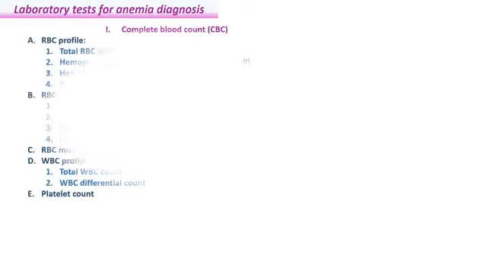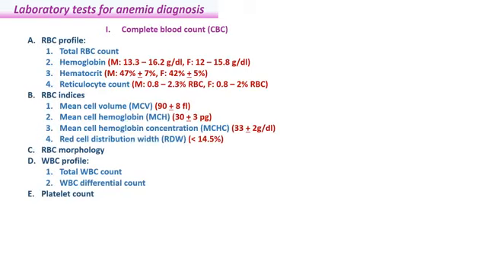Come to the laboratory tests for anemia diagnosis. First is the CBC, or complete blood count. Under this heading, there are RBC profile, RBC index, RBC morphology, WBC profile, and platelet count. Under the RBC profile: total RBC count, hemoglobin, hematocrit, reticulocyte count.